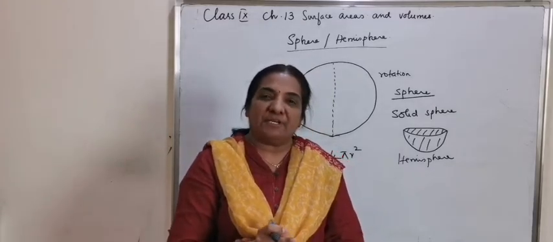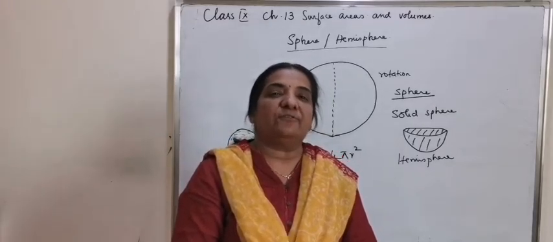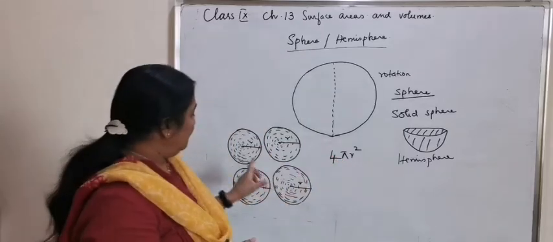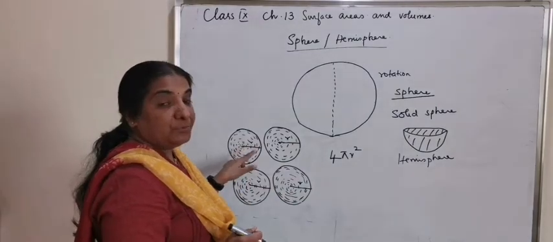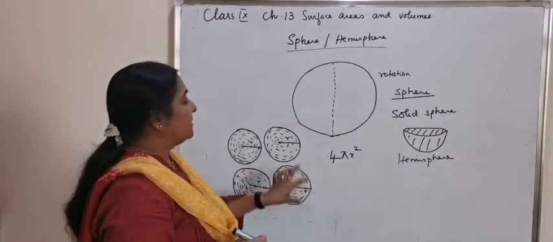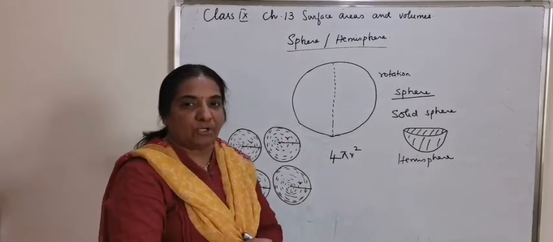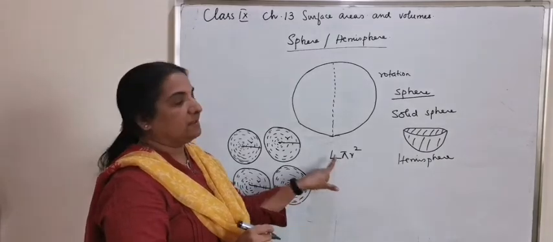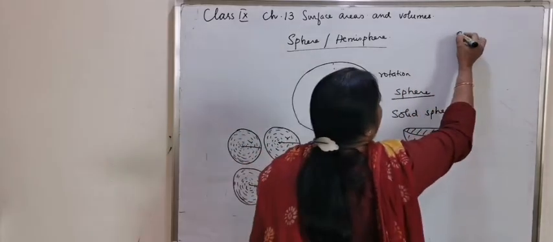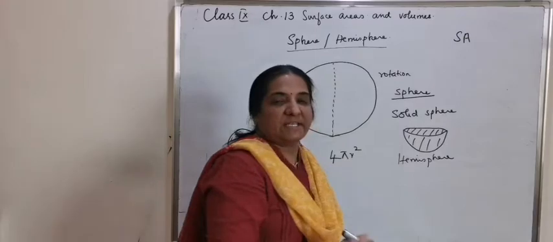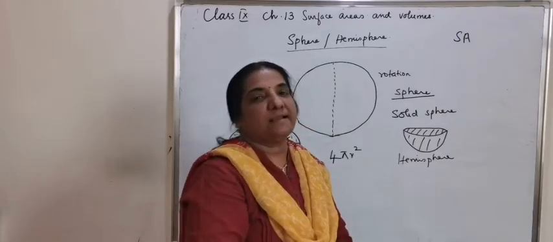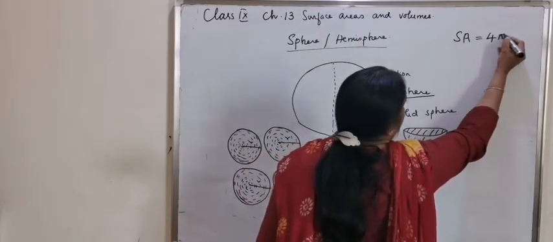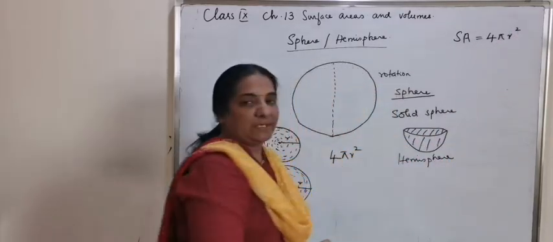As in the activity I mentioned, if you fully cover the rubber ball with the string, and attach it into the 4 circles of the radius you have taken from the rubber ball, that will give you the surface area of the sphere. That means a sphere will have only one surface area because it is fully covering the surface. So the surface area of a sphere formula is 4 pi r square.